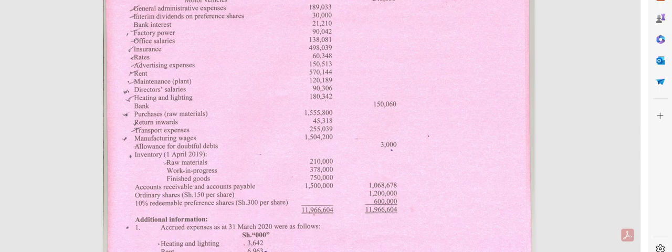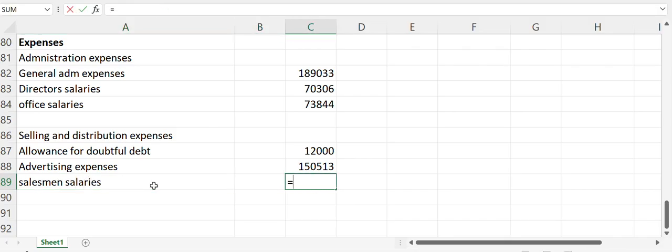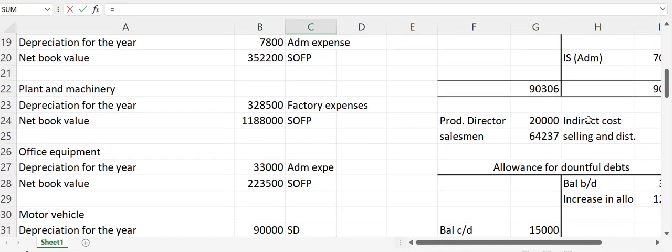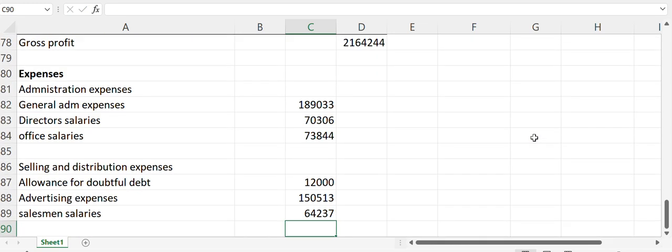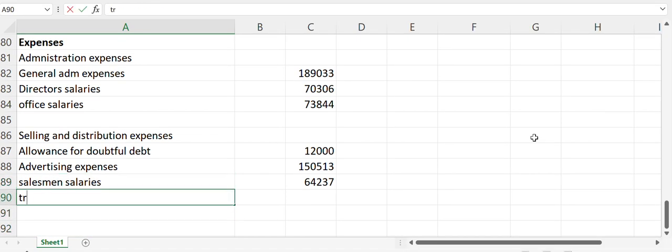Okay, so salesmen salaries again. So we have an account for that. We had recorded, yeah, here it is 64. Supposed to go to selling and distribution. Yes, and then we have transport.